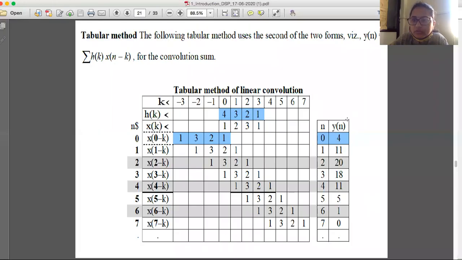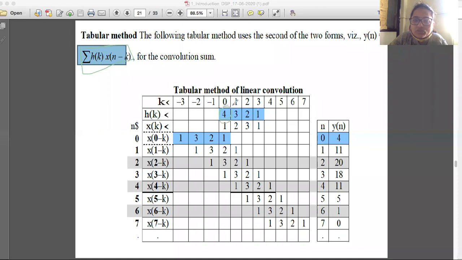Here we will talk about the tabular method for linear convolution. So after performing this operation of folding, as this impulse sequence is at the 0th position, we can directly use multiplication.